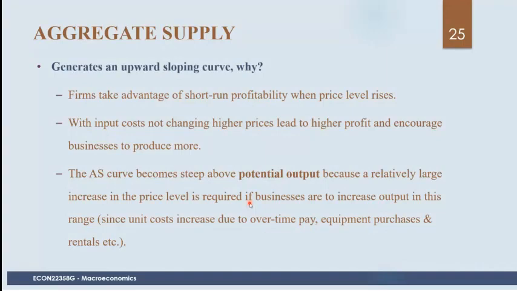So we can exceed potential output, but not in a sustainable way because you have to be overworking your capital and labor, right? So essentially when you're near potential output and then you stimulate the economy, you're going to end up with shortages in markets and prices getting bid up. So that's the idea of why it becomes more steep around potential output.